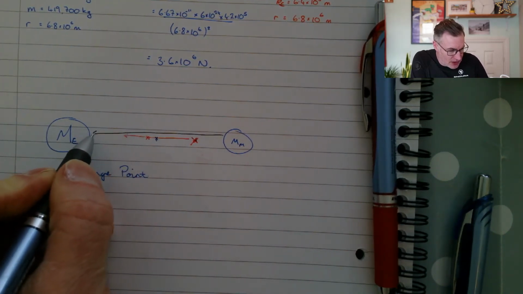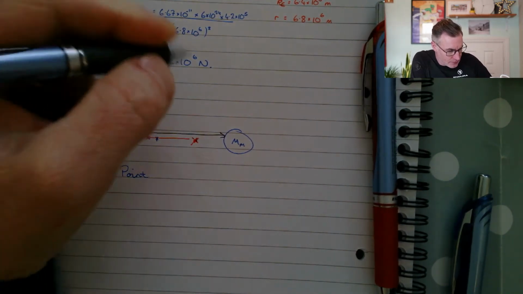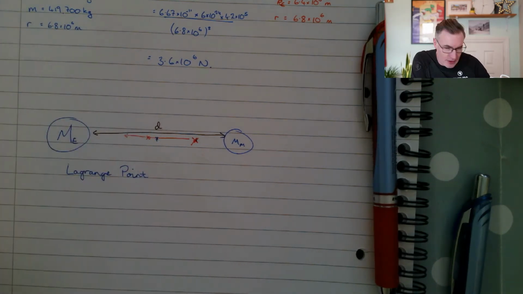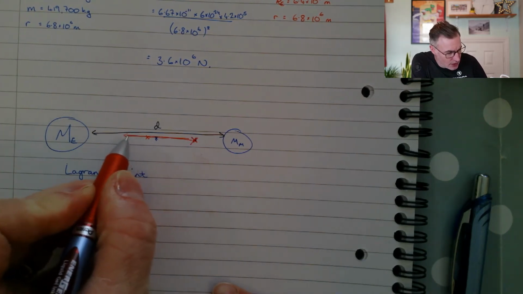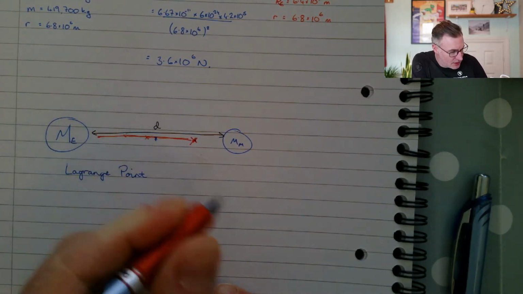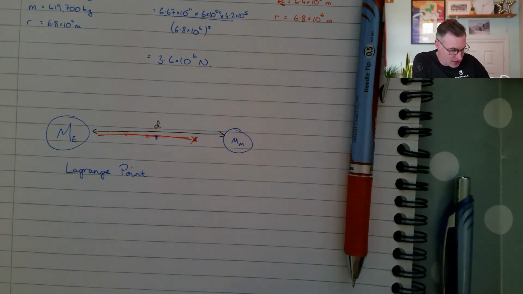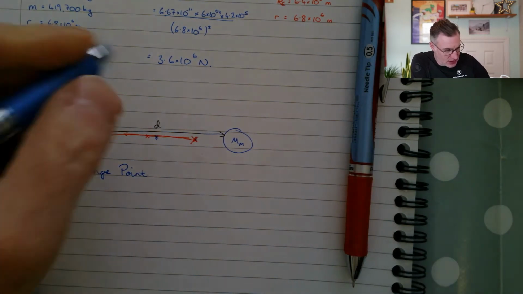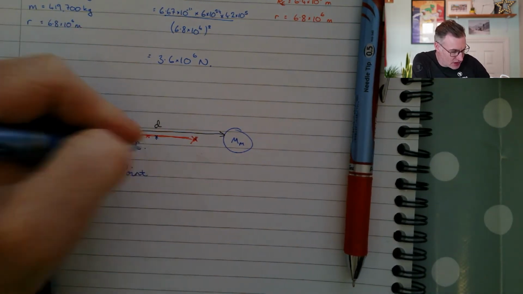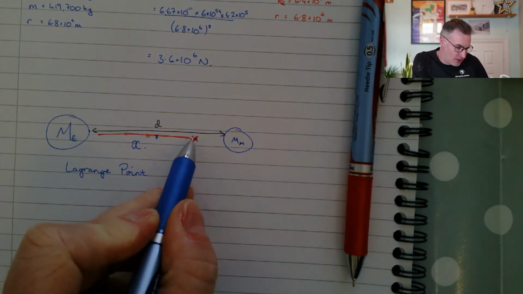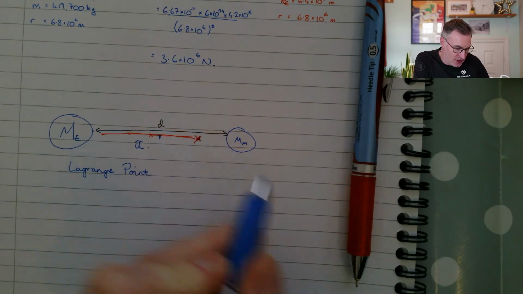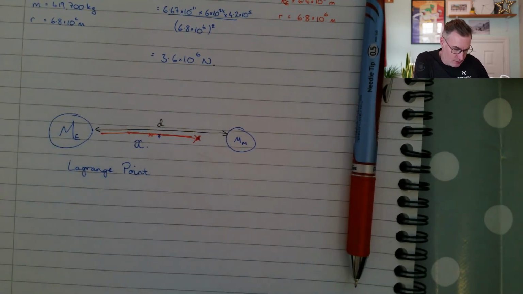You know the distance between the Earth and the Moon, so let's call that d, and then we could have this here as a distance x, so let's call this the distance x. So that's the distance from the Earth to the Lagrange point.